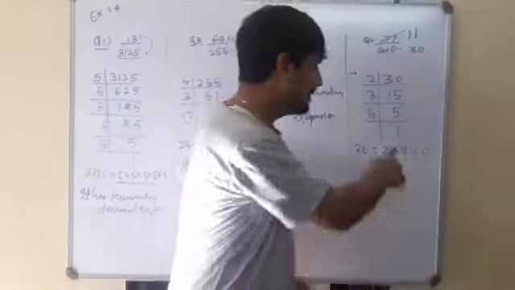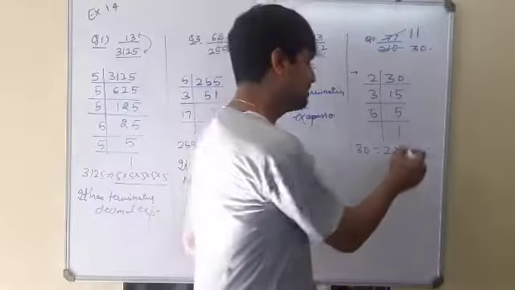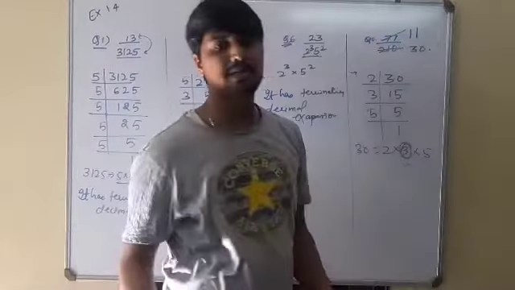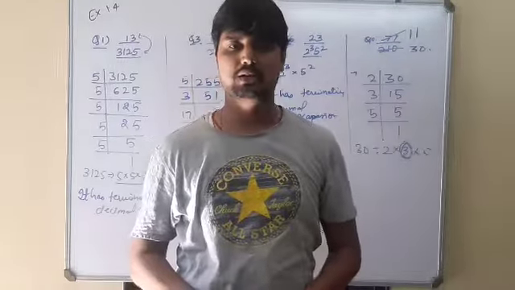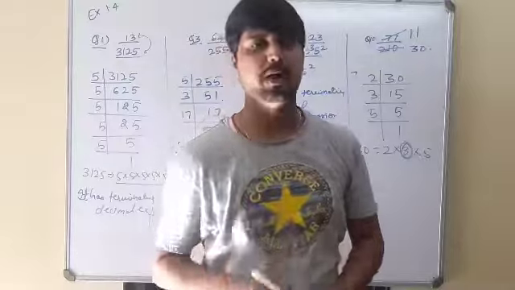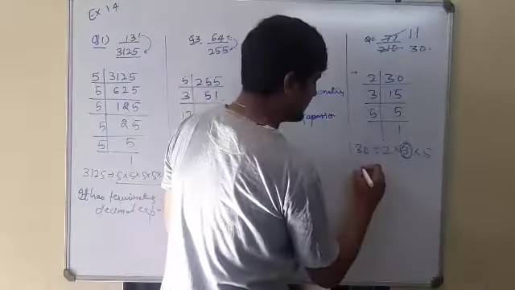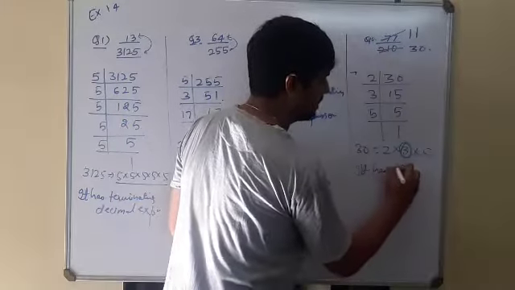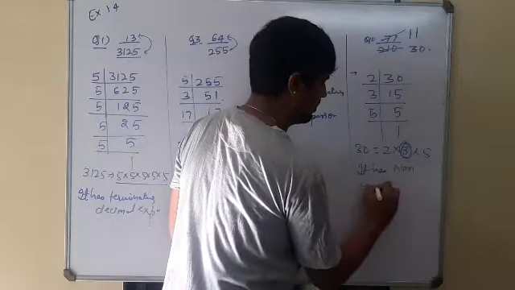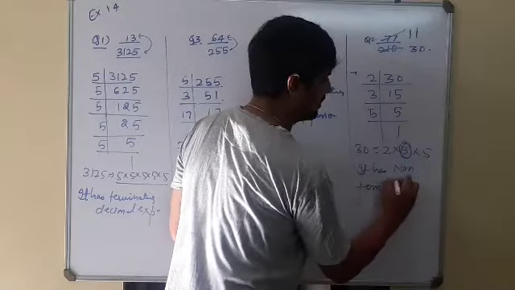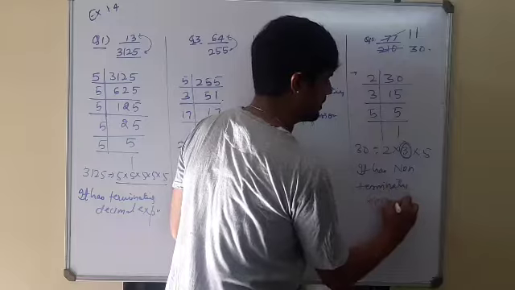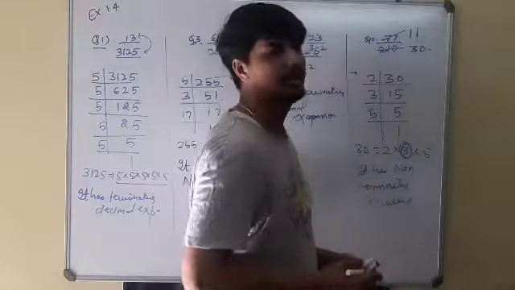Now again we can see that this 3 is coming. That means the denominator is not of the form 2 to power m, 5 to power n. So as a result, it has a non-terminating recurring decimal expansion.